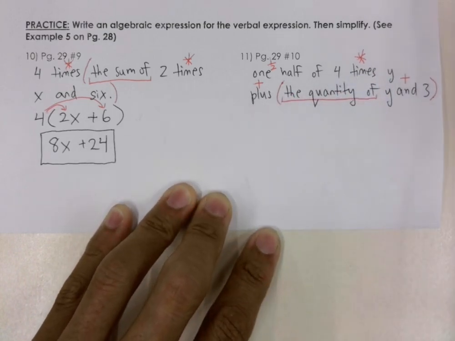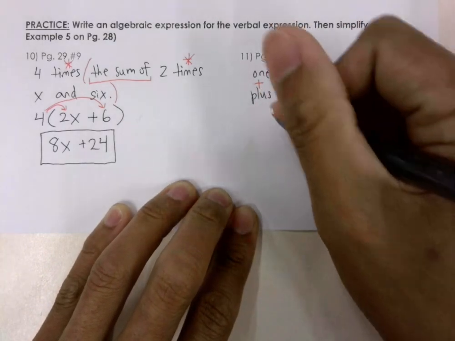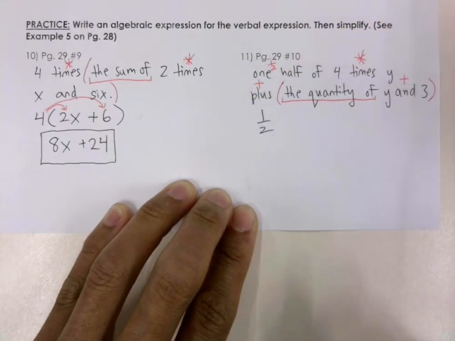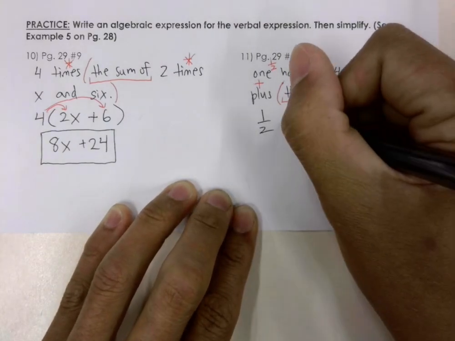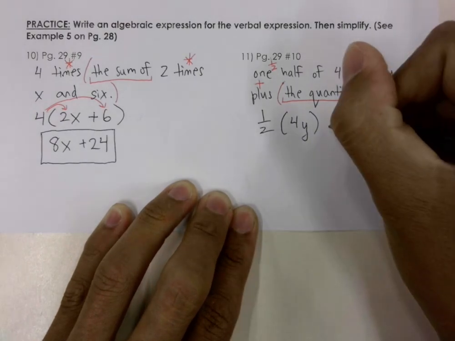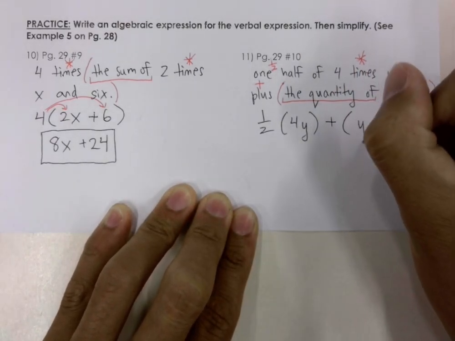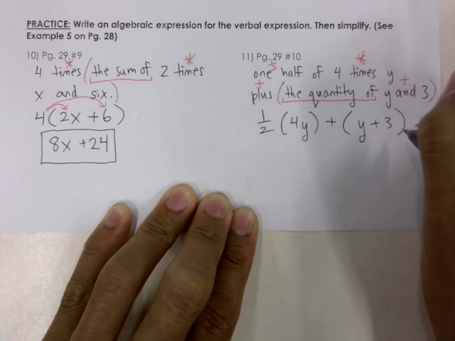We can write down the corresponding algebraic expression. It would be 1/2 times 4y plus parentheses y plus 3 parentheses.